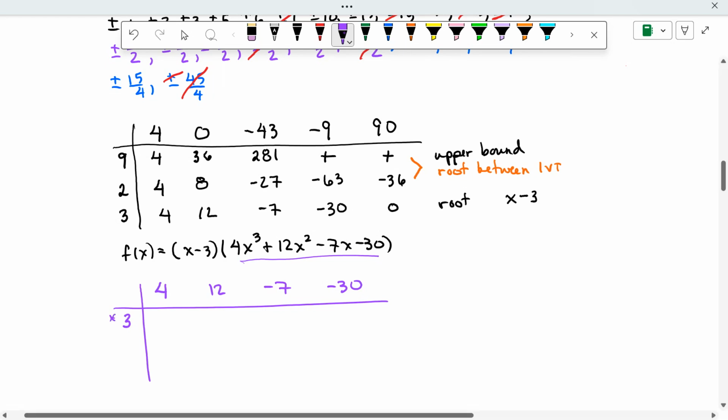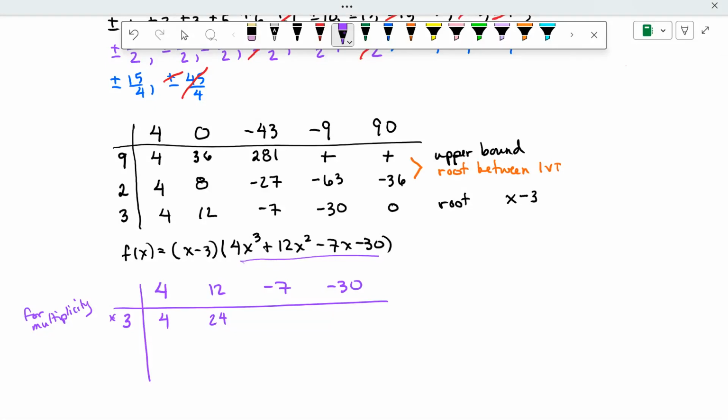I'm going to test this because it's possible to have a root of multiplicity greater than 1. So 4, 3 times 4 is 12, plus 12 is 24. 3 times 24 is 72, plus -7 is really big. And then it's going to be also positive.